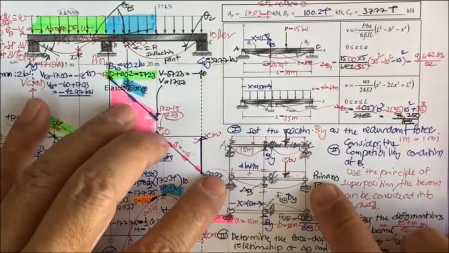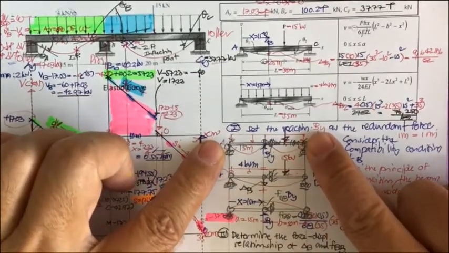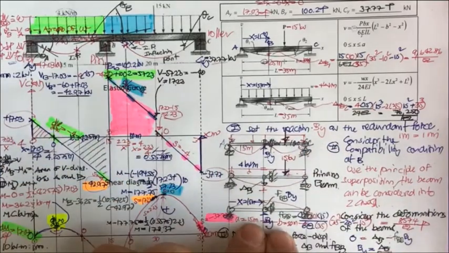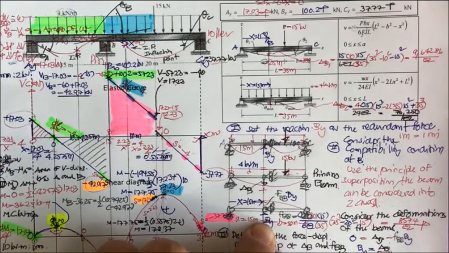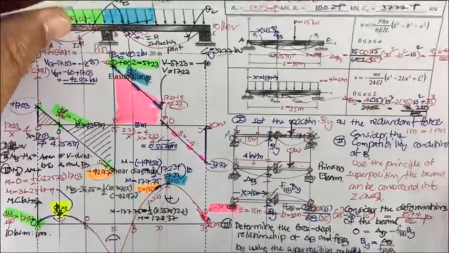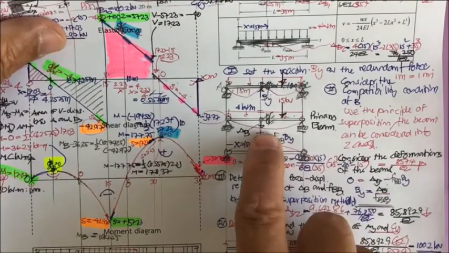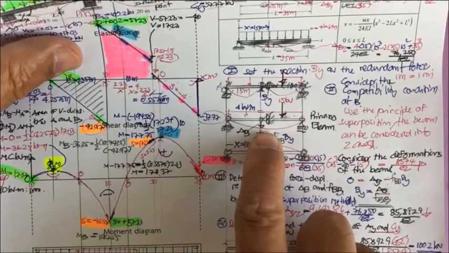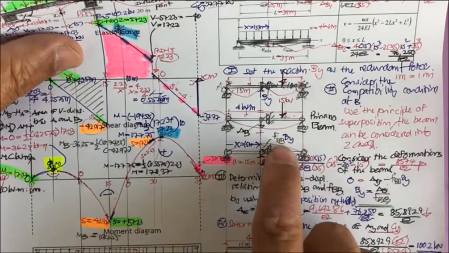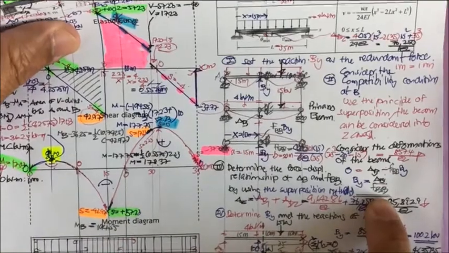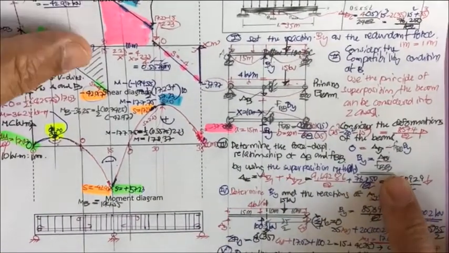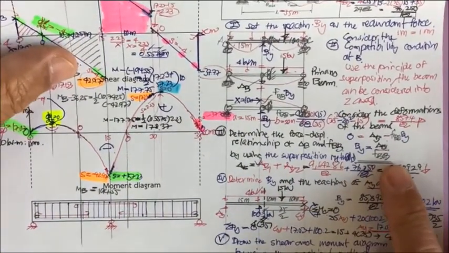One, the primary beam subjected to the applied force, another one subjected to the redundant, and then you may consider the deformation 0 equal to delta sub b downward minus f sub bb times B sub y, and then you have this equation that's used to find the redundant B sub y.